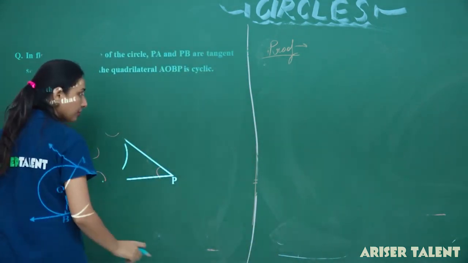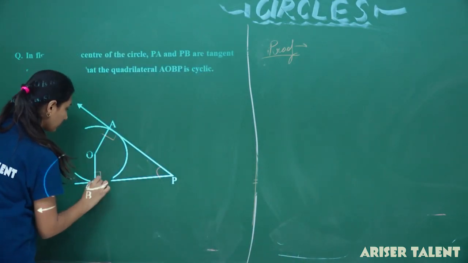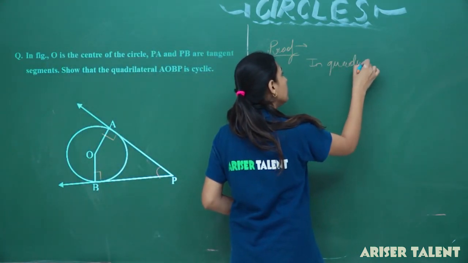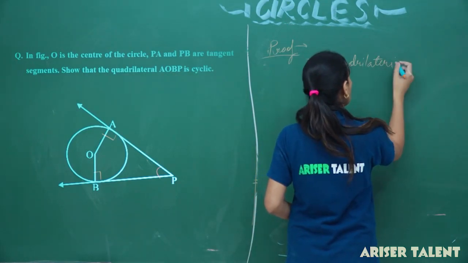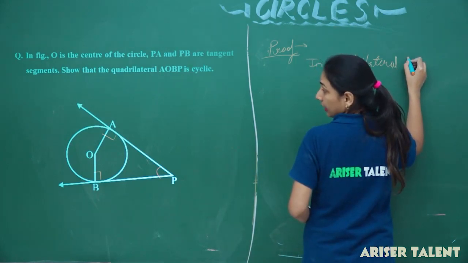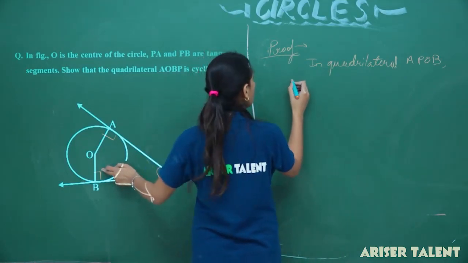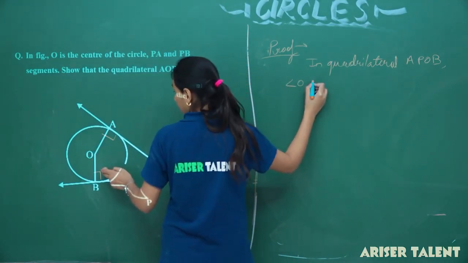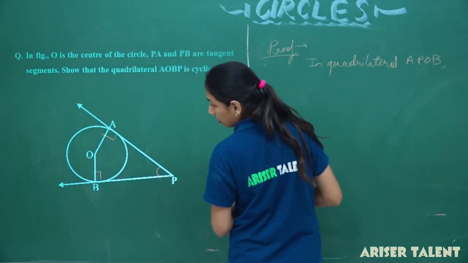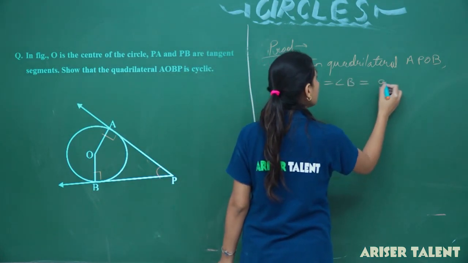So, I can say that in quadrilateral APOB, angle A equals to angle B equals to 90 degree.